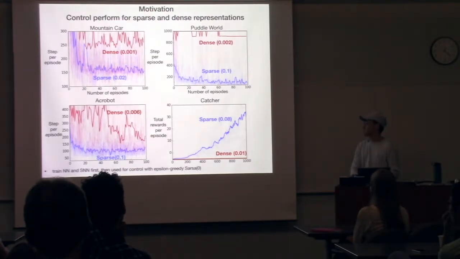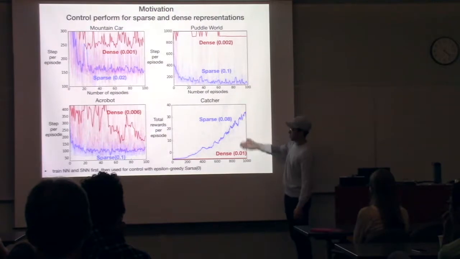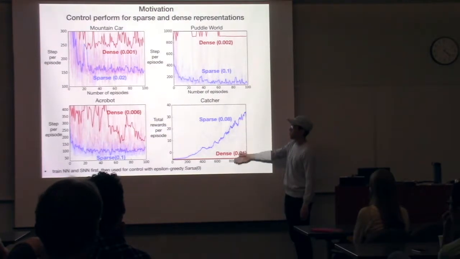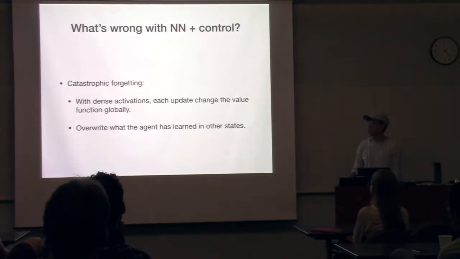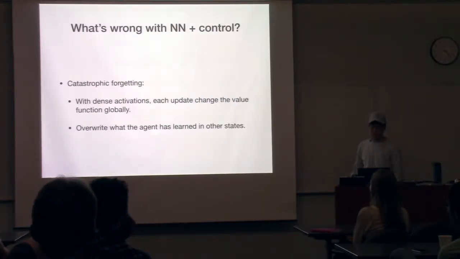Right. So here I just want to show you, given different representation, you can see the performance differs a lot. So what might be a problem with neural nets in control? One issue is the catastrophic forgetting problem.